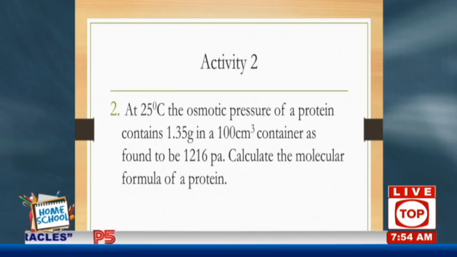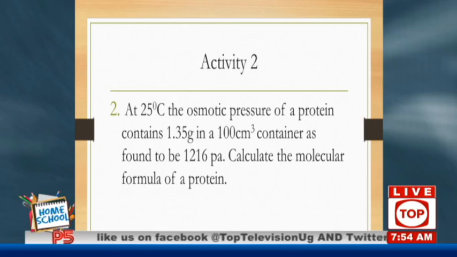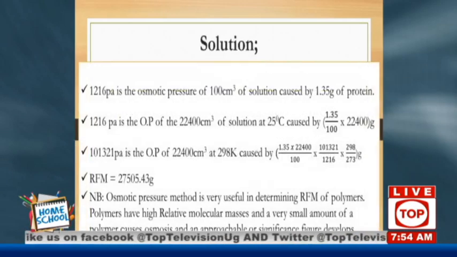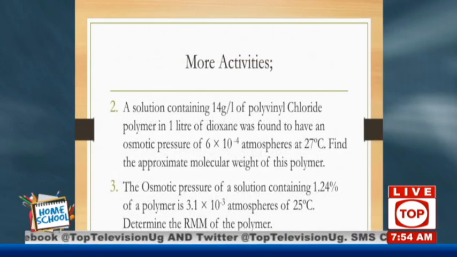Calculate the molecular formula of a protein. All those activities, they are yours, okay? You do them. Then let us look at that slide showing more activities so that can be captured in the video. For you, you can get the video, okay? You'll be able to do all those activities.